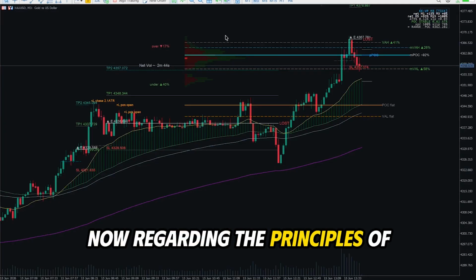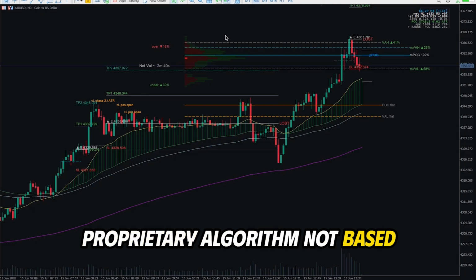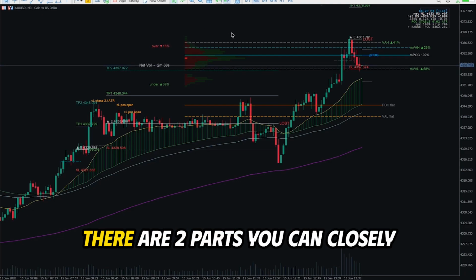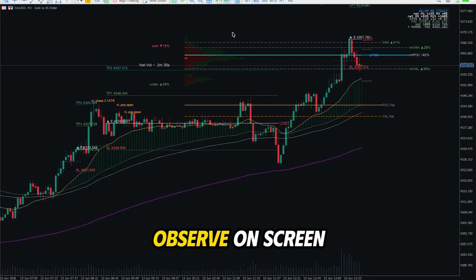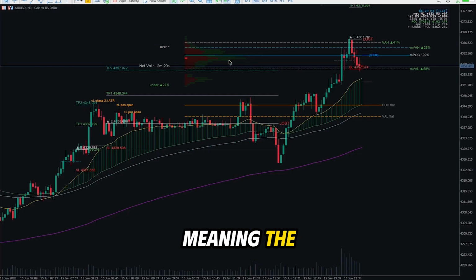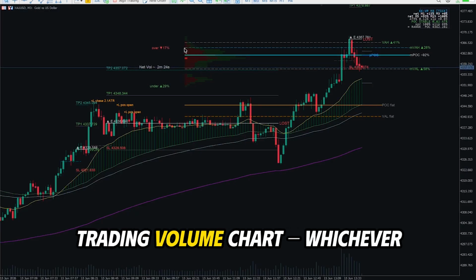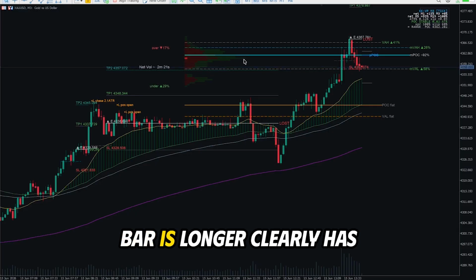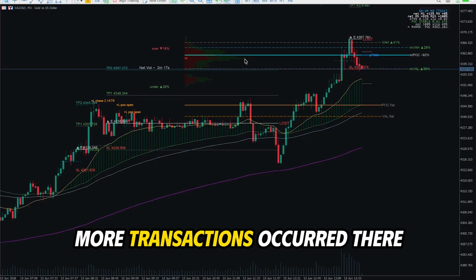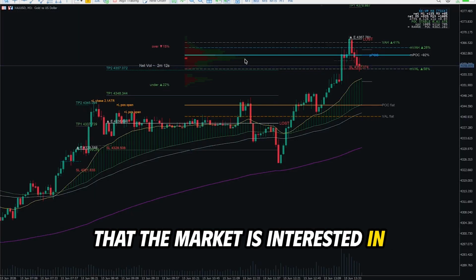Now regarding the principles of volume profile, this is our own proprietary algorithm. There are 2 parts you can closely observe on screen. First, the volume profile nodes, meaning the peaks on the trading volume chart. Whichever bar is longer clearly has higher gravitational pull, meaning more transactions occurred there, which means that's a fair price.